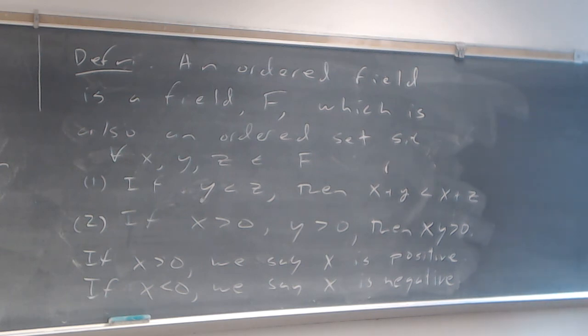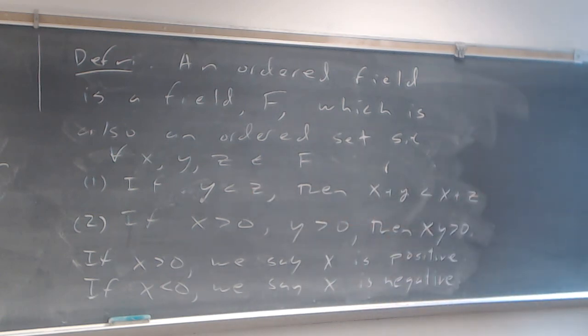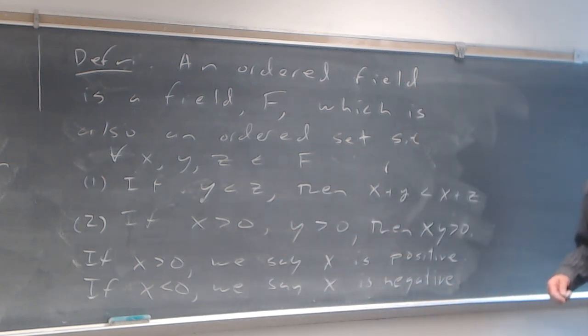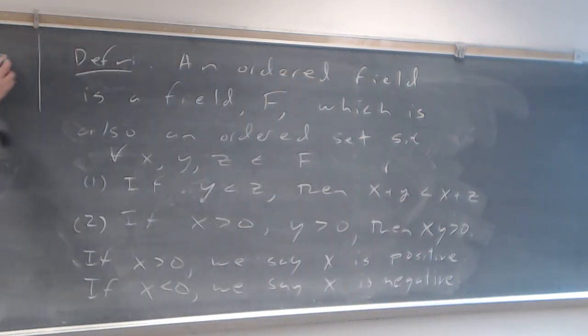So an ordered field, again, is a field that is an ordered set and satisfies two things. One is if you have a relation y is less than z and you add the same thing to both sides, it still maintains that relation. And if you take two guys that are bigger than 0 in the field, when you multiply them together, you get something that's bigger than 0.